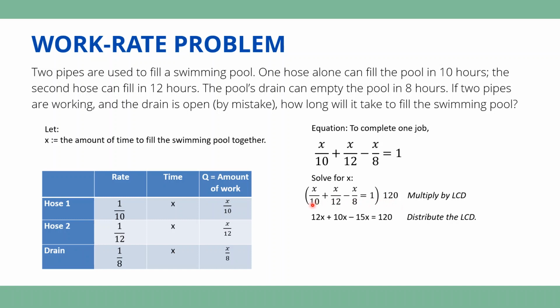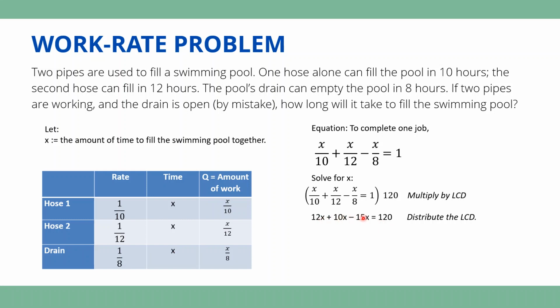So 120 divided by 10 is 12, times x, so 12x. 120 divided by 12 is 10, times x is 10x. 120 divided by 8 is 15, so 15 times x is minus 15x, and 1 times 120 is 120.